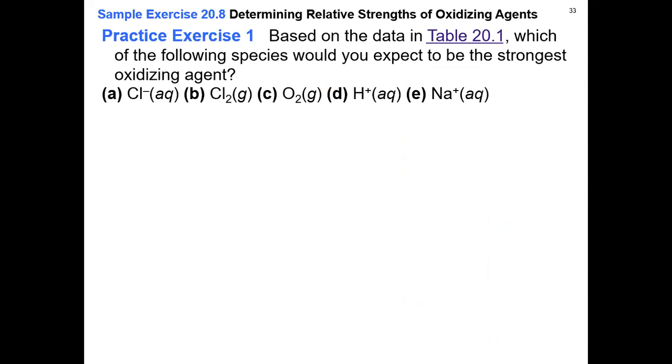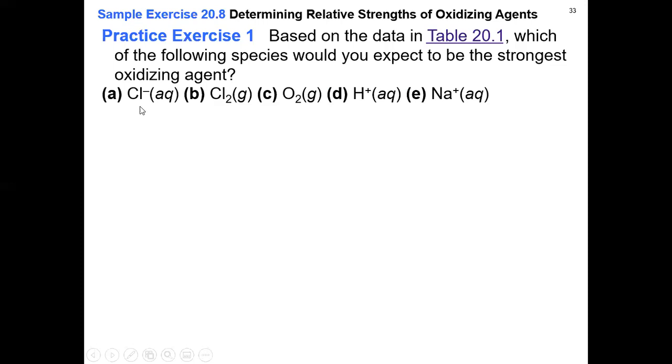Yeah, so then we will do this practice. Based on the table in the last table you just saw, which of the following species will you expect to be the strongest oxidizing agent? We have 5 species given.